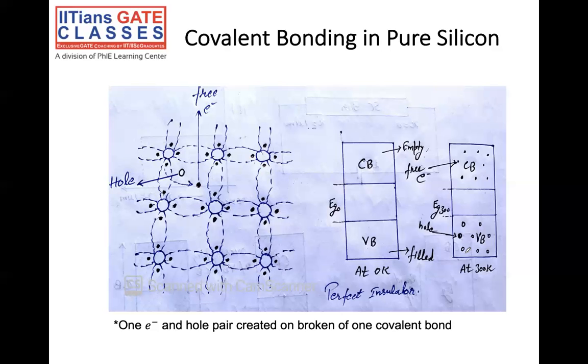So both electrons and holes contribute to the current in the semiconductor. We can see here one electron and hole pair created on the breaking of one covalent bond. It is explained in this already.